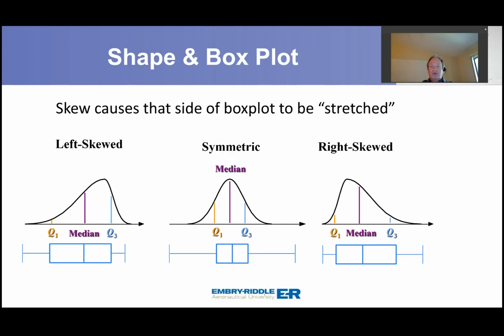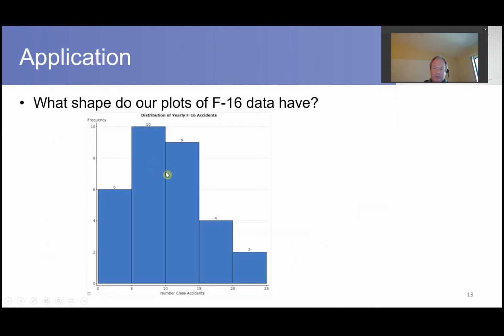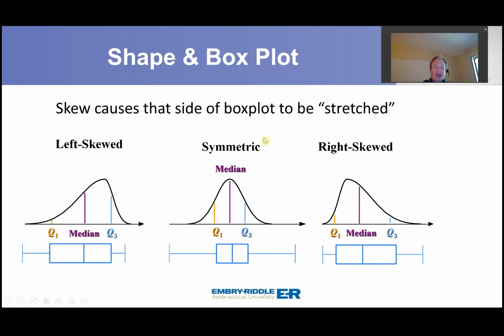One thing that's really nice is that sometimes when you're plotting a histogram, it's not so easy to tell if it's skewed or not. But you can also plot a box plot, and a box plot happens to be very good for determining if something is really skewed. So for example, if we have a data set that's symmetric, even though there might be a little bit of a tail, the median is in the center of the box.